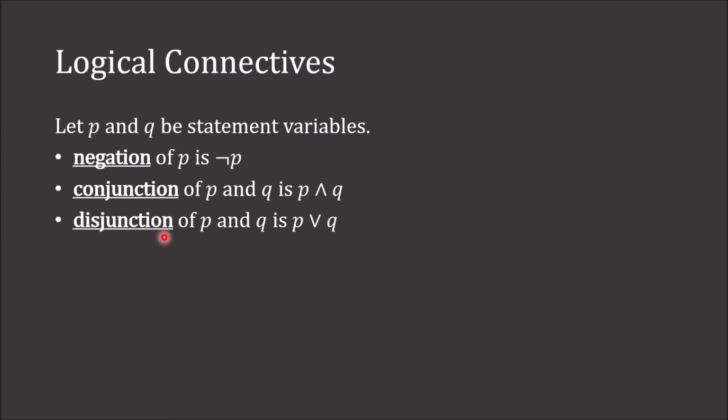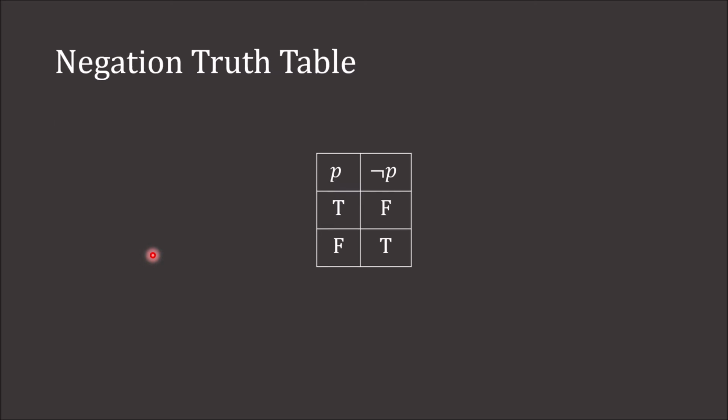We're now going to look at the truth values of each of these three connectives. We do this by using a truth table to list all the possible truth values. So we first look at negation. If p is true, then the negation of p is false.